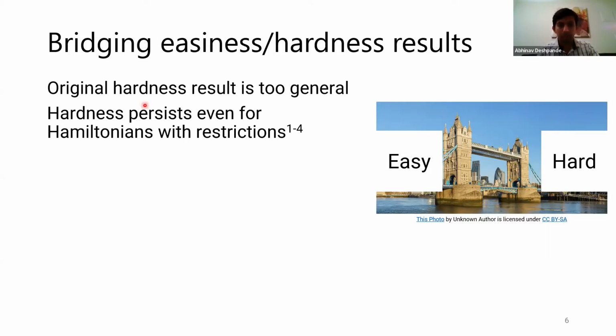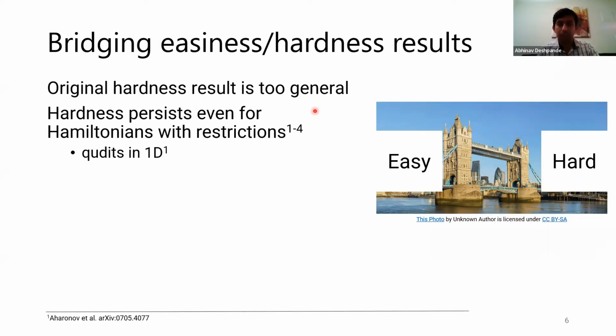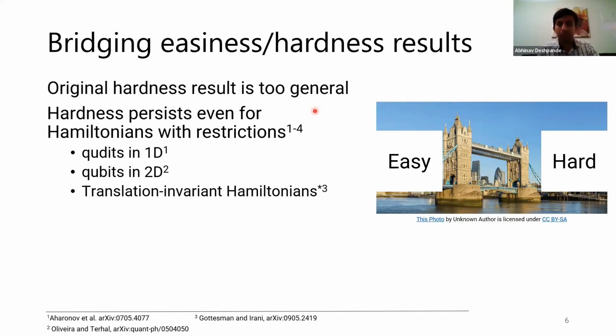Although this original hardness result was too general, you can still add on reasonable restrictions to the Hamiltonians and still get analogous hardness results, such as you can study qudits in 1 dimension, or qubits in 2 dimensions, and translation invariant Hamiltonians.